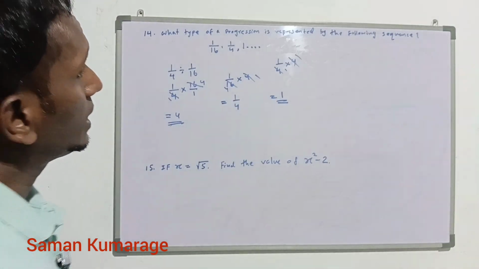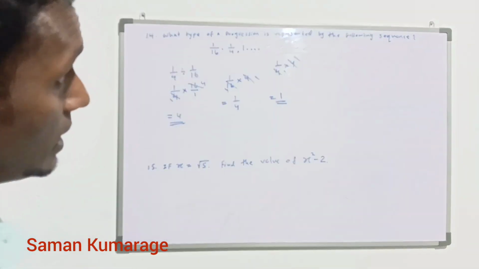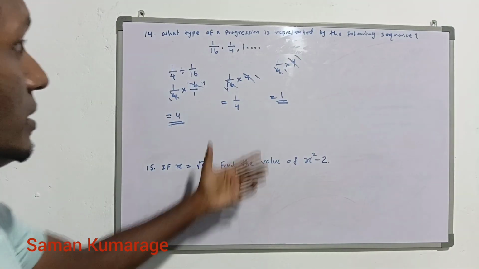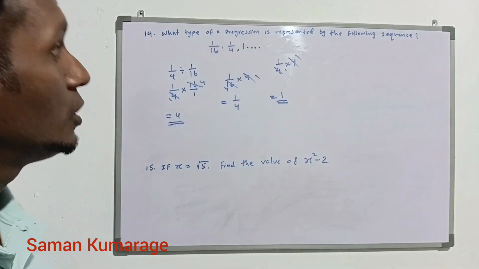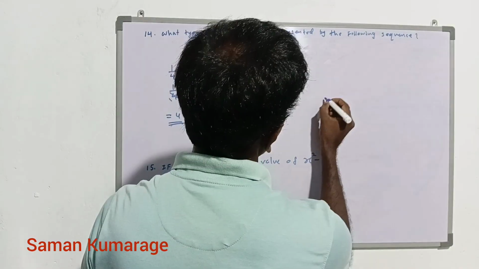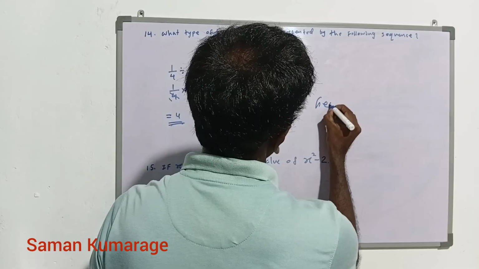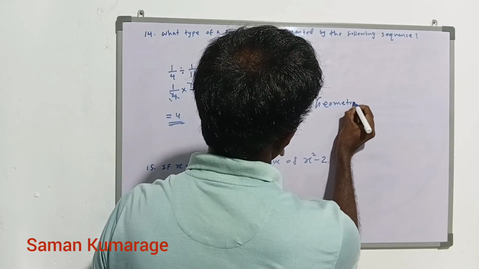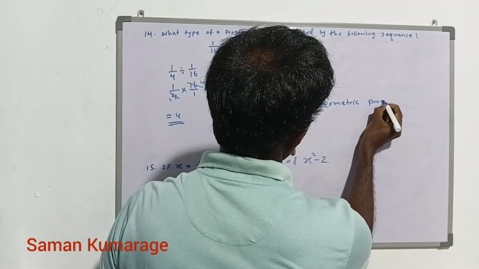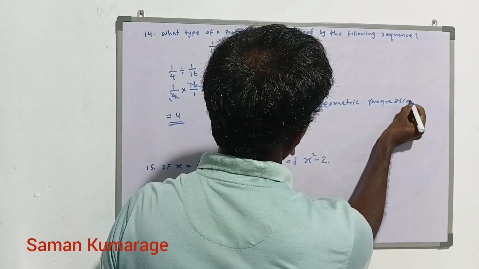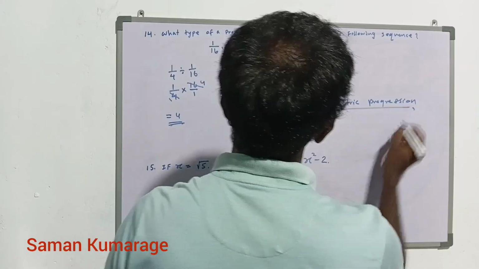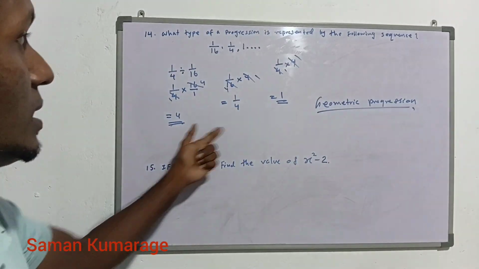So this is not an arithmetic progression. This is definitely a geometric progression. So this is the reason.